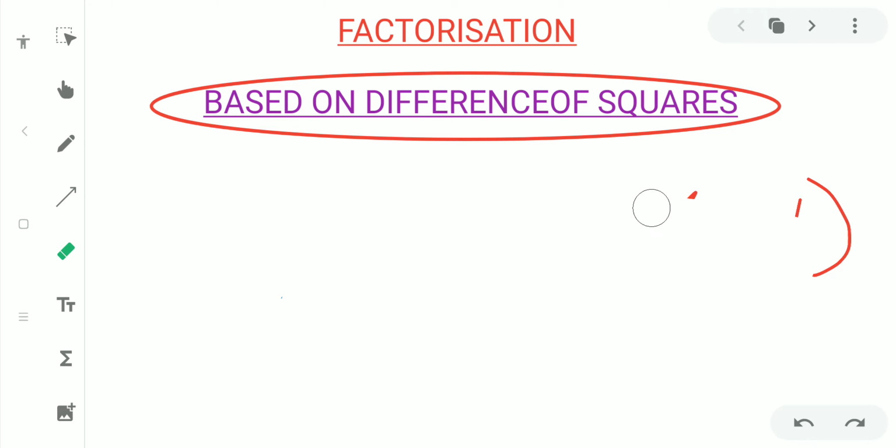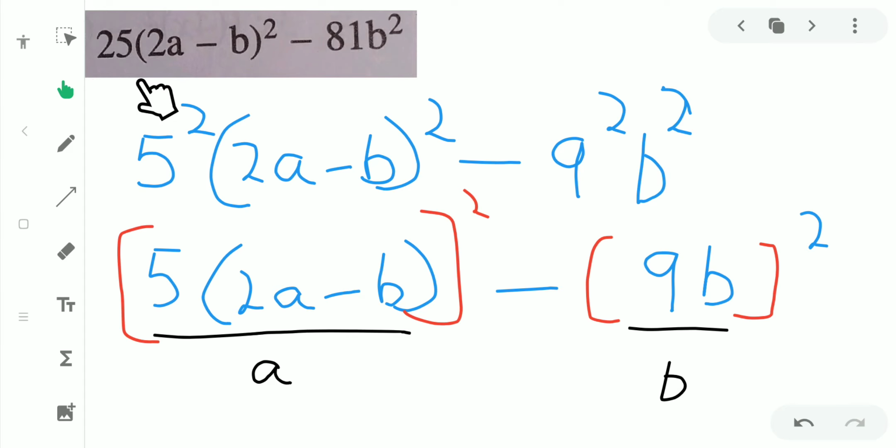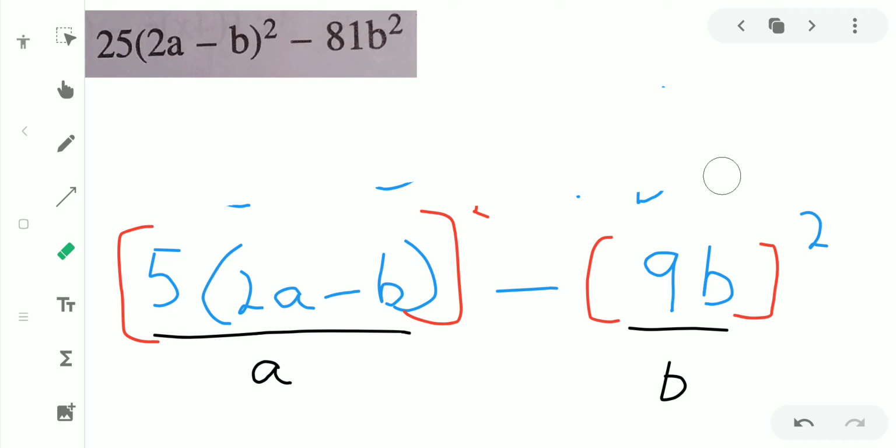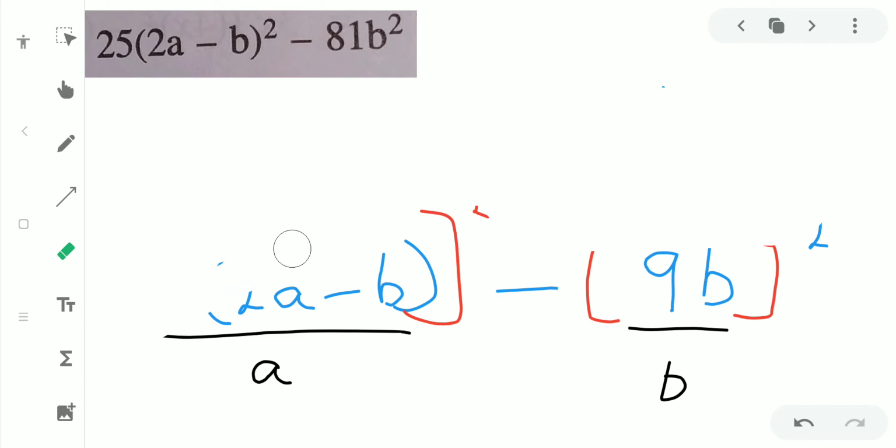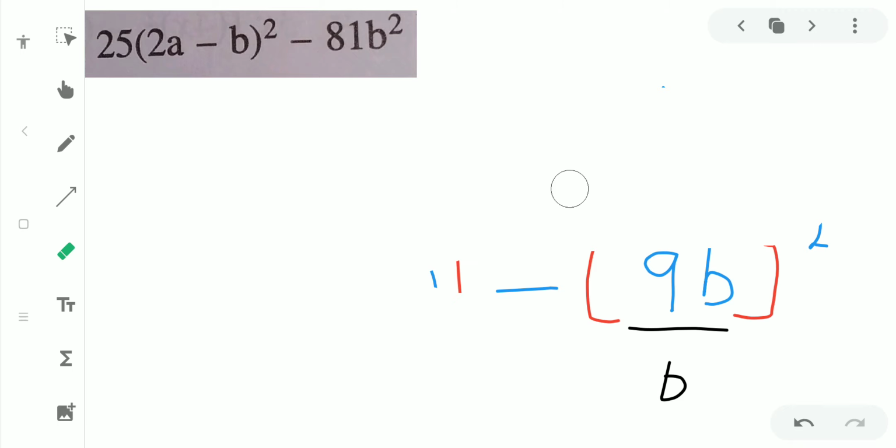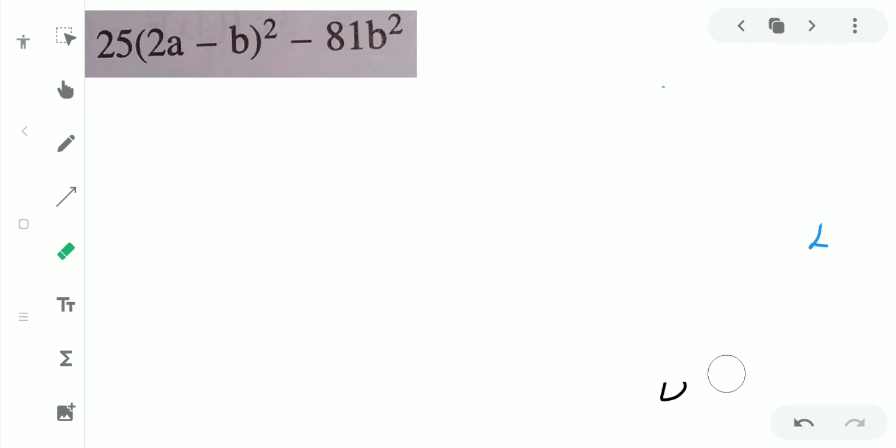So let us solve some problems and try to make the concept clear. The question is on your screen here. Just focus on my finger. 25 times 2a minus b whole square minus 81 times b square.